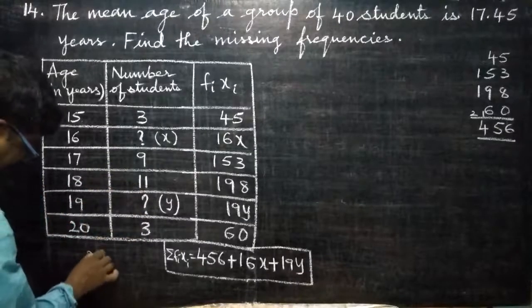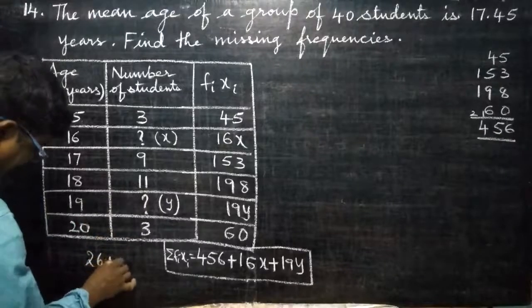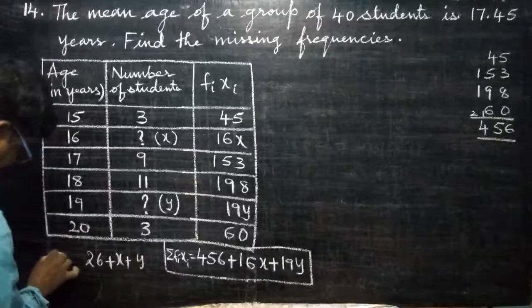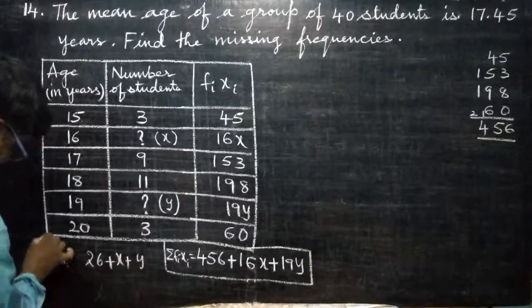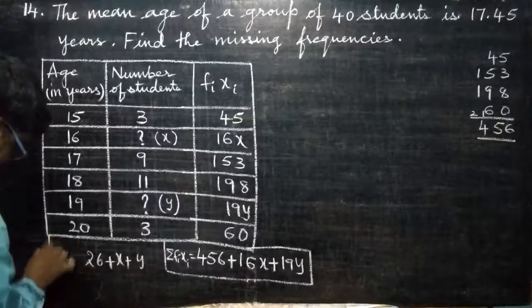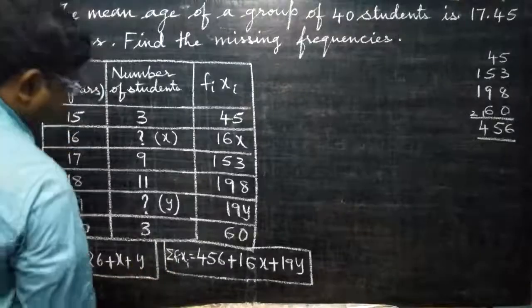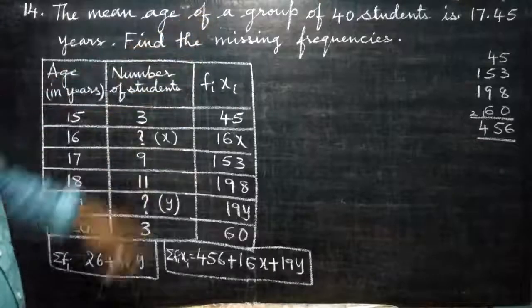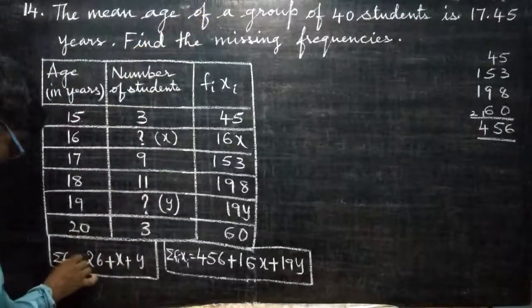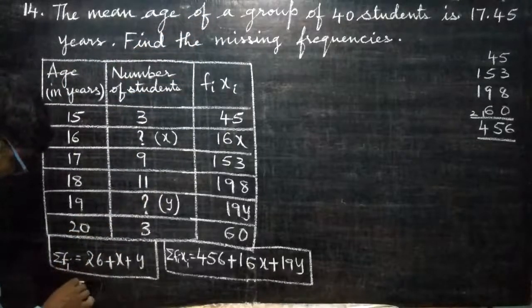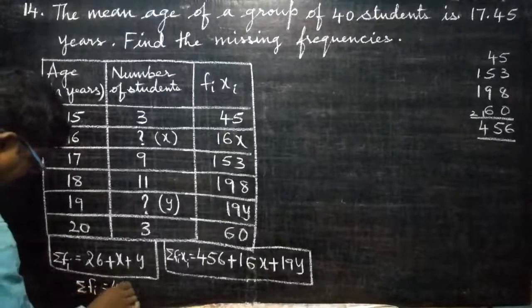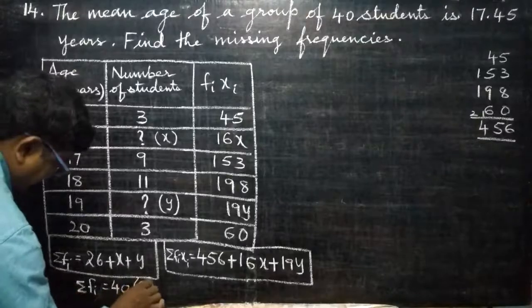So 26 plus x plus y. This is sigma fi. But when we add this one, it should come 40. They gave in the problem. This is our addition. But given in the problem, how much? Sigma fi is 40. This is given in the problem.